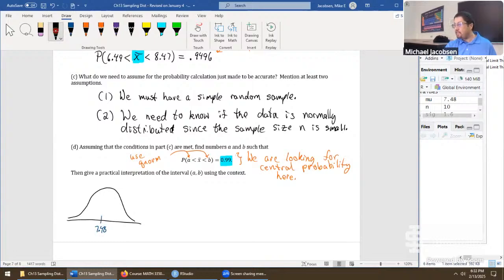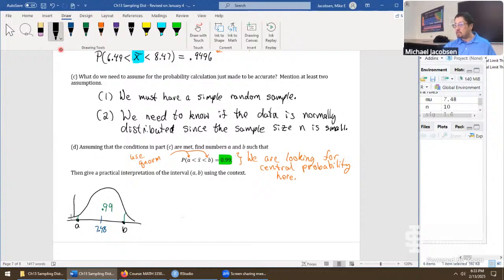So we're looking for an A value here, a B value about here. Constrained between A and B, imagine that's perfectly symmetric. In the middle, we have 0.99.